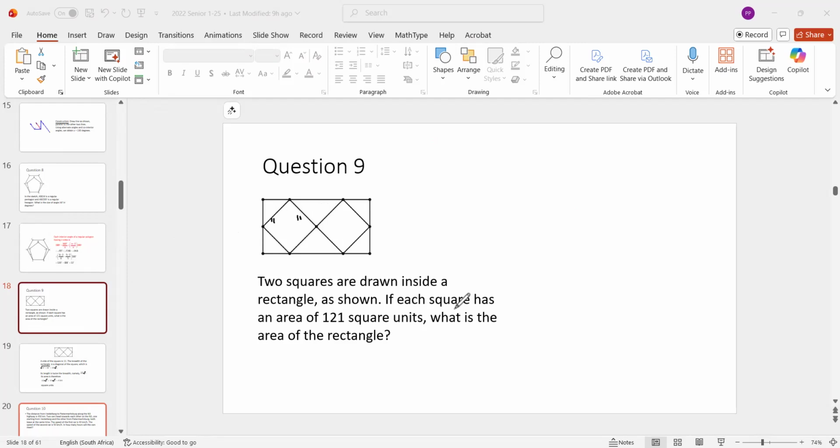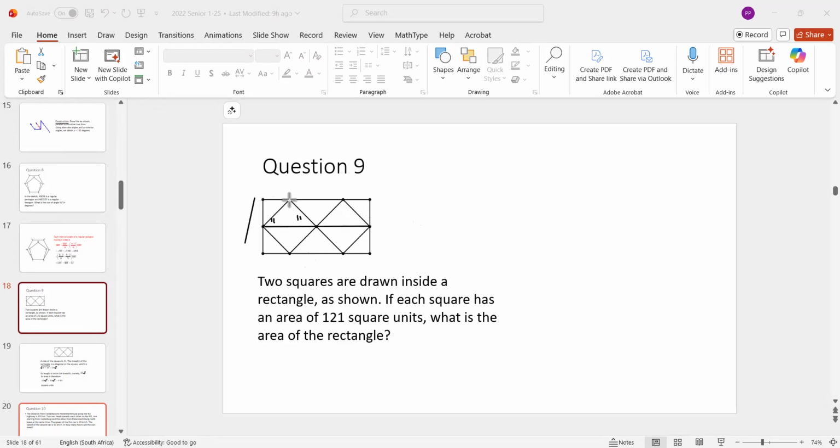Now, there are two ways of doing this. I'll do the long way first. So the area of the rectangle is length times breadth, but observe that the length is this. And the breadth is from here to here.